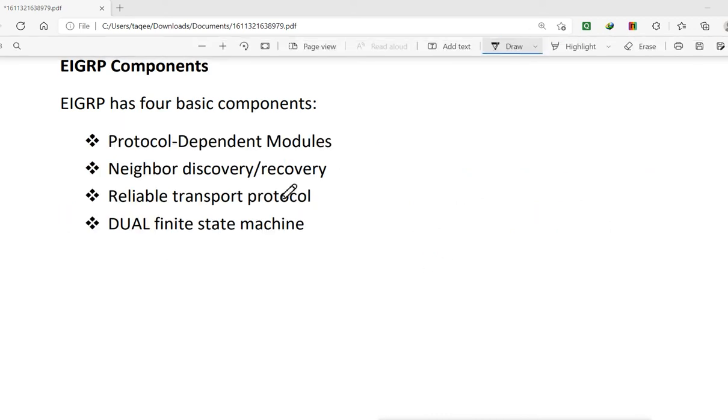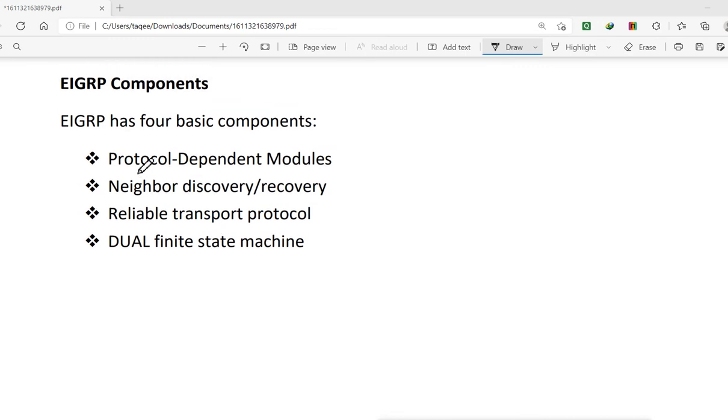Now the components of EIGRP. EIGRP has four basic components. First, protocol dependent modules, so it can do the routing for IP, IPX, AppleTalk at the same time. Then neighbor discovery and recovery, which is done by the Hello protocol. Then the reliable transport protocol, which it uses to reliably transfer messages and information to the neighboring routers.